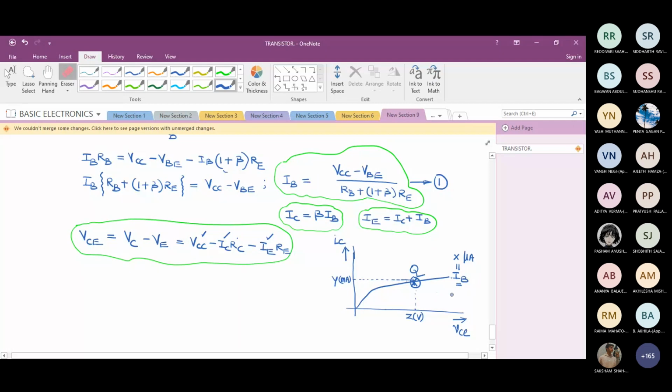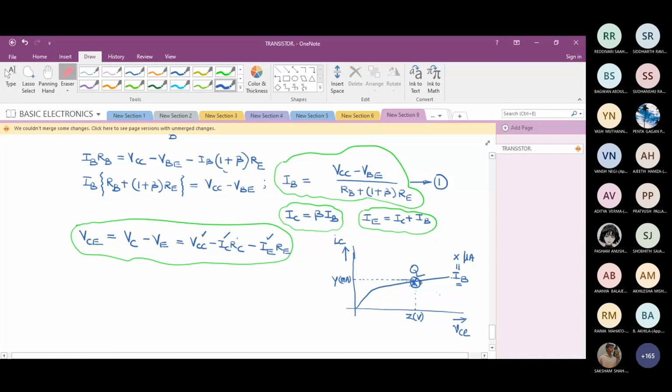I want to know whether the device is operated in saturation region, active region, or cutoff region. By calculating the operating point, we are in a position to say that in these characteristics, what I have drawn here, the operating point is in active region, which means the device is getting operated in active region.